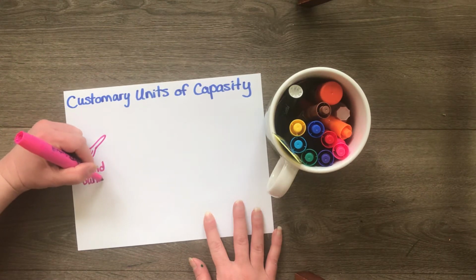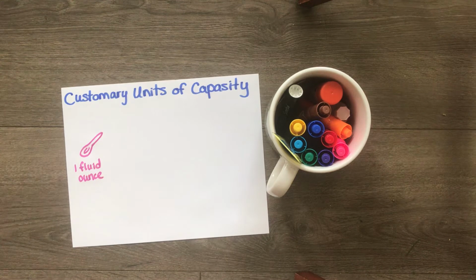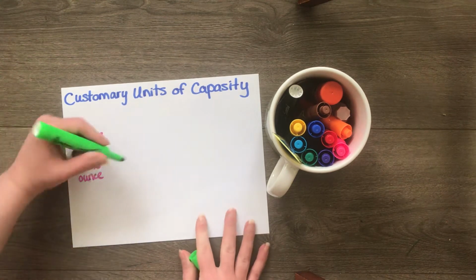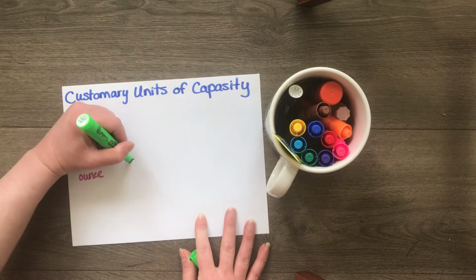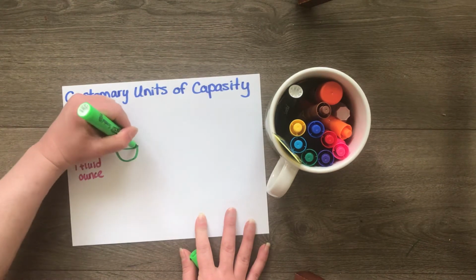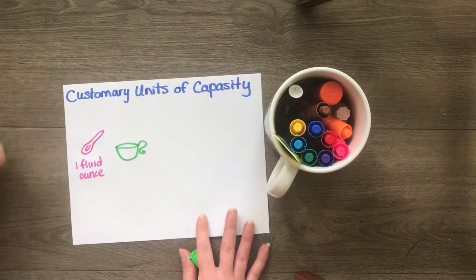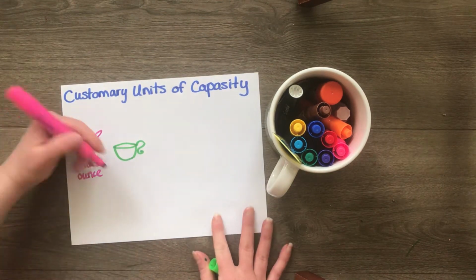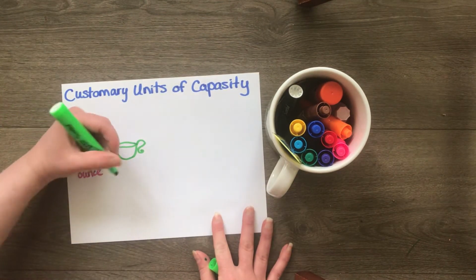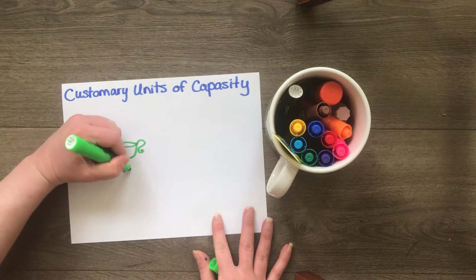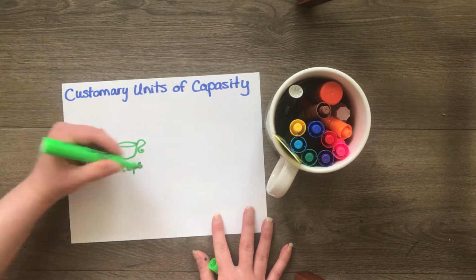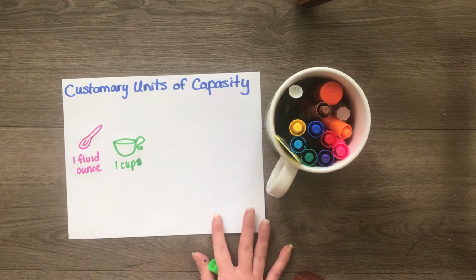That means it can hold an ounce of something that's liquid. Now, if we were to get a bit bigger, we could talk about a cup. A cup literally holds 1 cup, and most cups do.